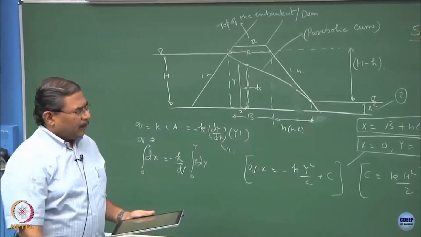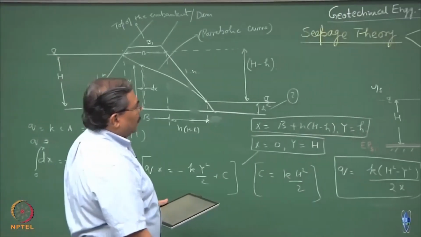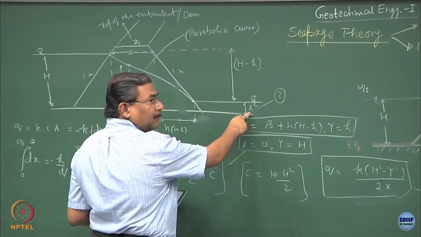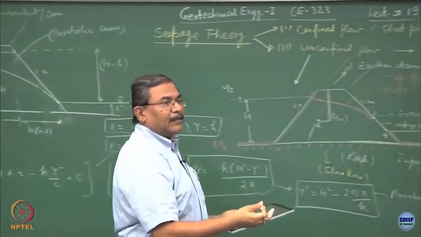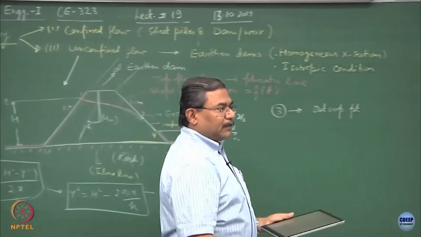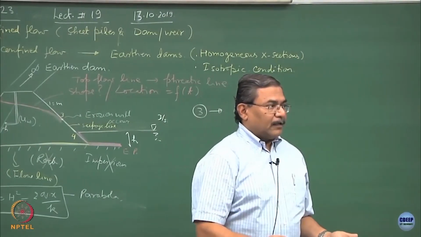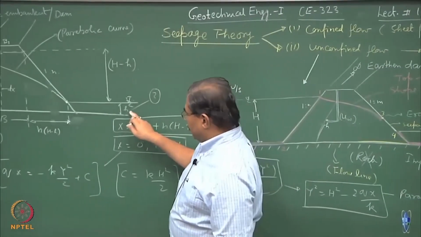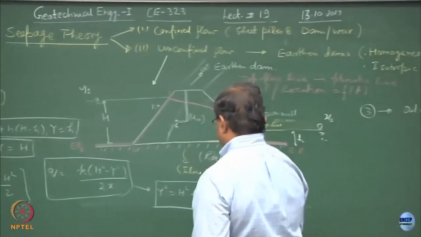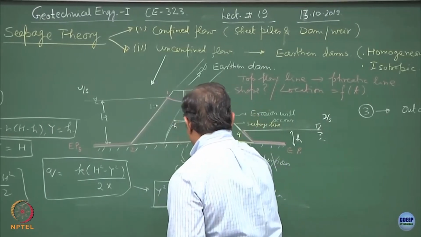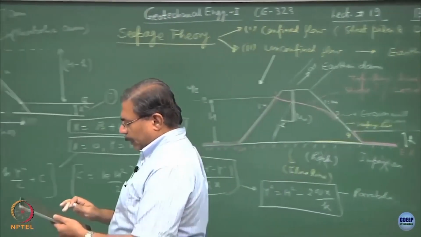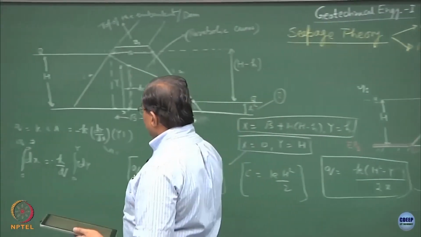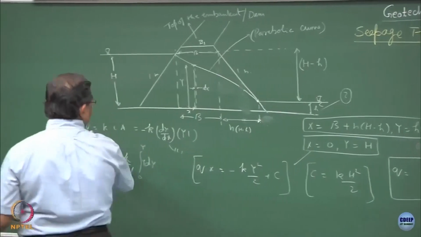Why? Because I would like to find out what is the maximum discharge taking place, for which h becomes maximum. So, I have to design the system in such a manner that the maximum discharge should not occur. So, I should be taking the value of h when it becomes maximum. If I want to maximize h, I will have to write this expression in this form: a small q is not constant, a small q is a function of this.